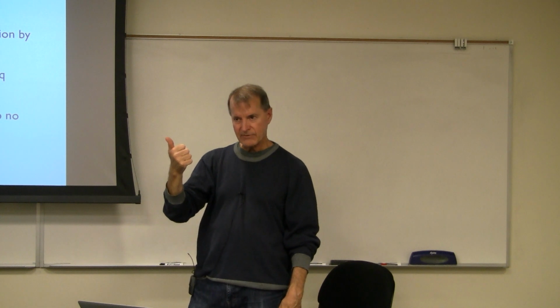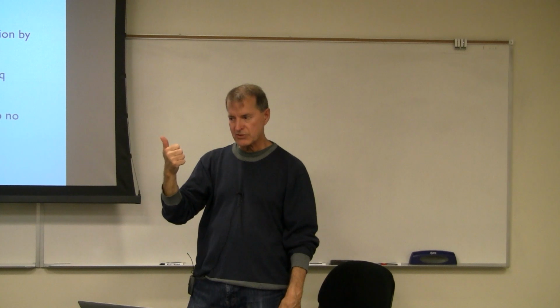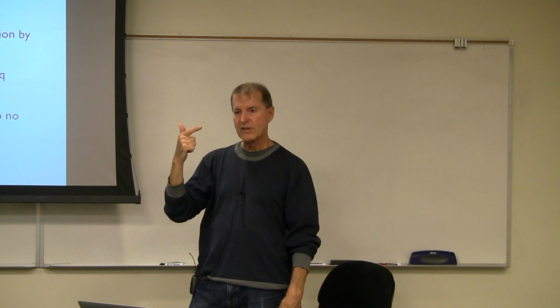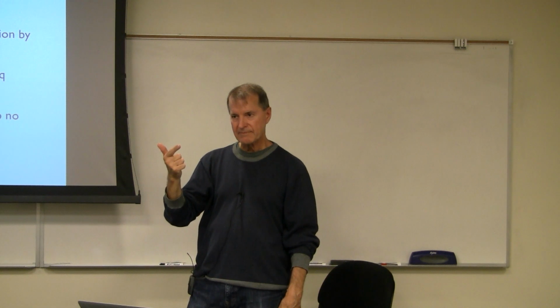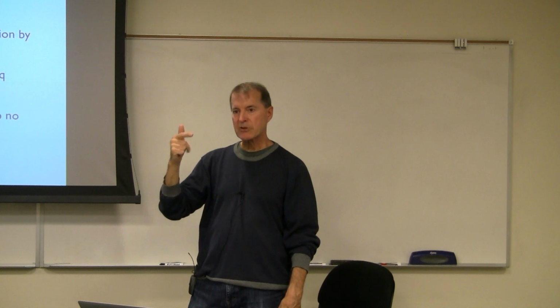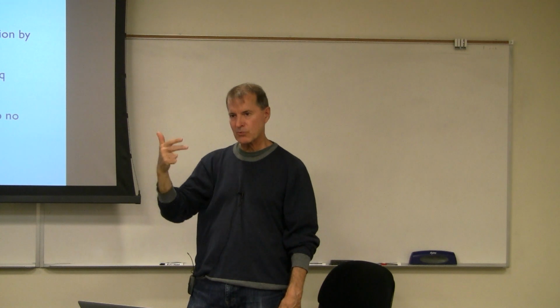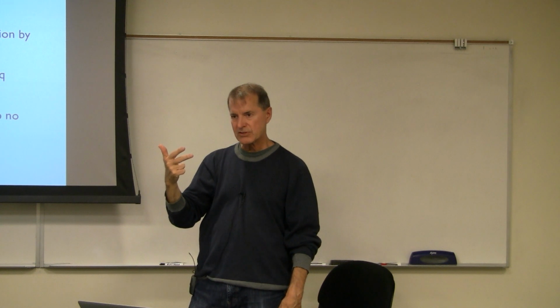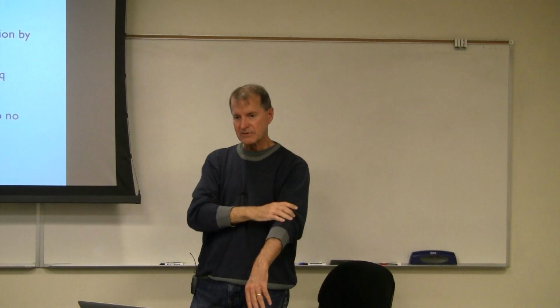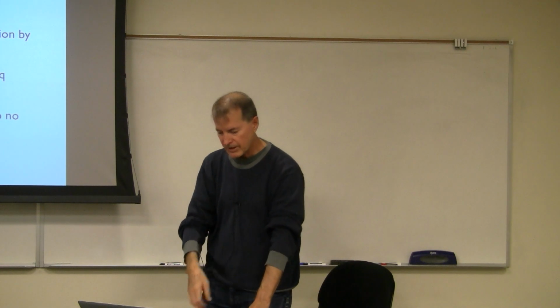Did it guarantee mutual exclusion? Yes. Was it deadlock free? Yes. But the problem is, if one of the processes got hung up in the non-critical section, what could the other do? Starve. Are you with me? So that failed. It's got to do all 3.